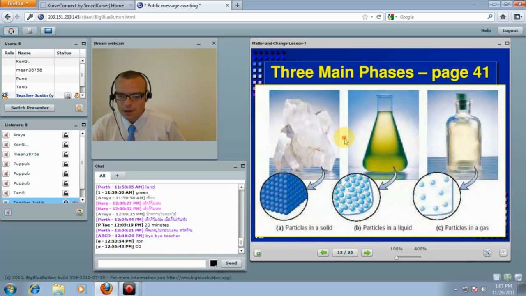Now we see again the three main phases. The fourth is obviously plasma, but that's a whole other lesson. The three main phases, page 41 of your books. You'll see again here, this is a type of rock, crystallized rock. I'm not sure which rock it is, or metal. My eyes are not too good. Anyway, as you see here, the particles in the solid are very tightly packed together.